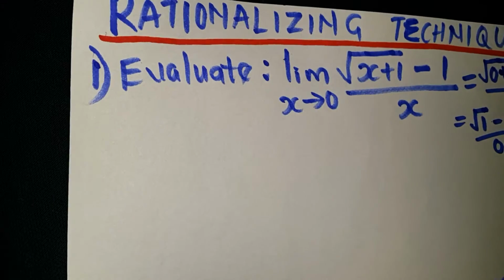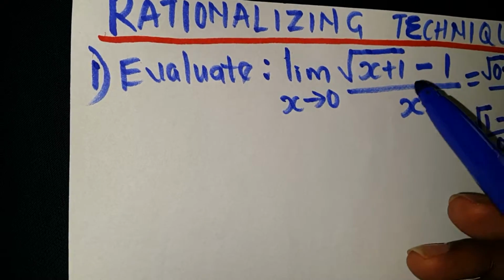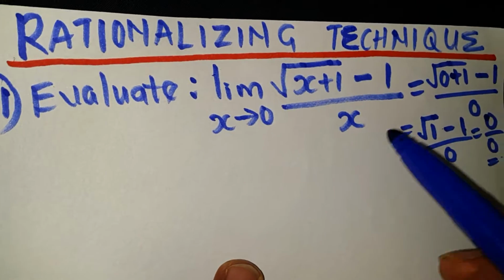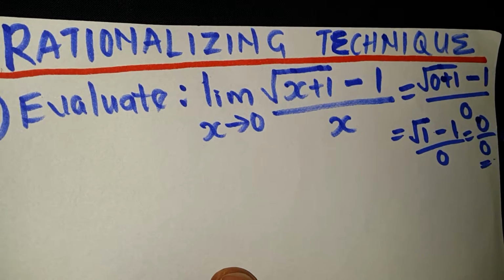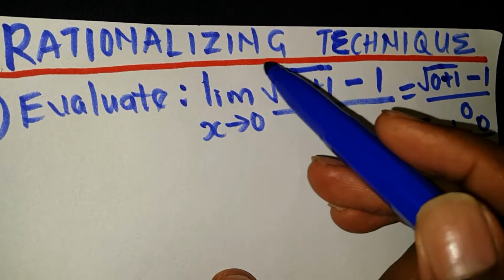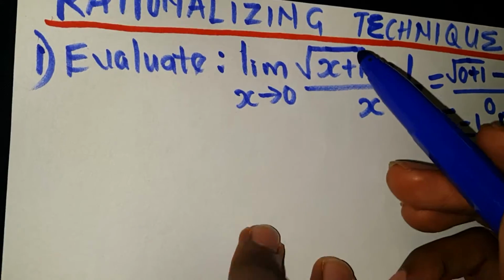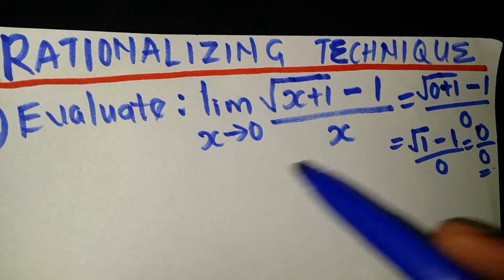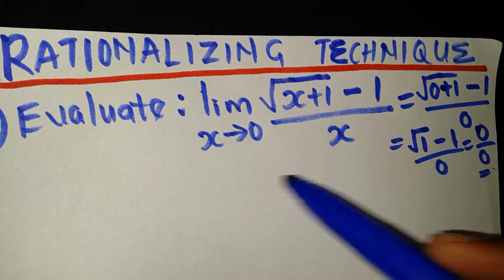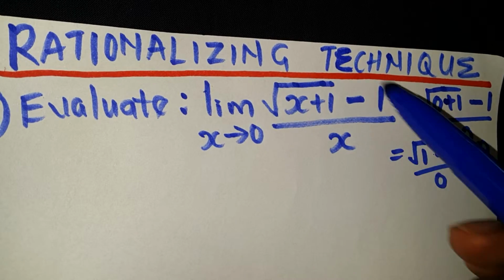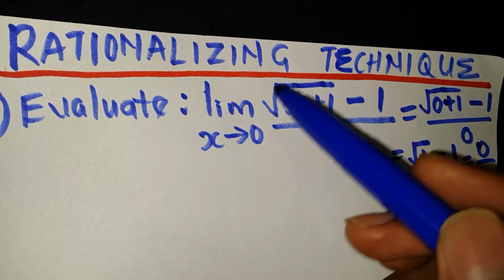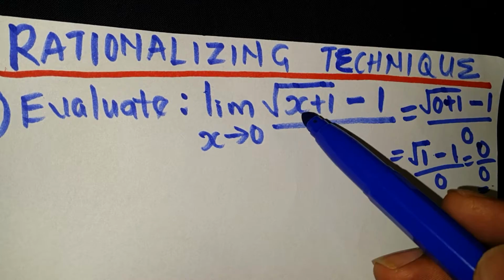So what we have to do here is look at our function and look for the one that is more complex. The function at the top is much more complex than x. So we'll be multiplying our function with this complex function here.